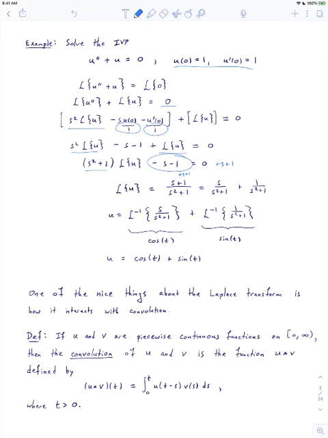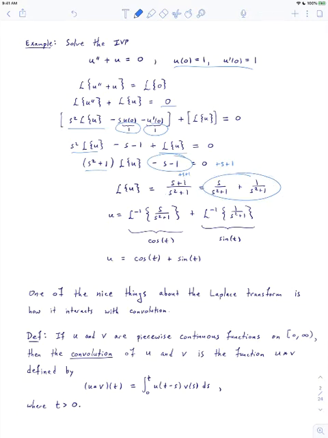So we can rewrite this as s over s squared plus 1, plus 1 over s squared plus 1. These are useful expressions because we know what the inverse Laplace transform is for each of these. So u is the inverse Laplace transform of s plus 1 over s squared plus 1, but we can write that as this sum.